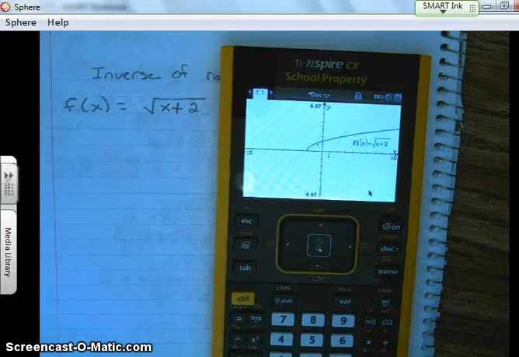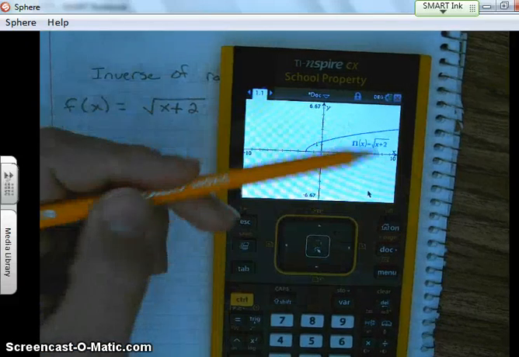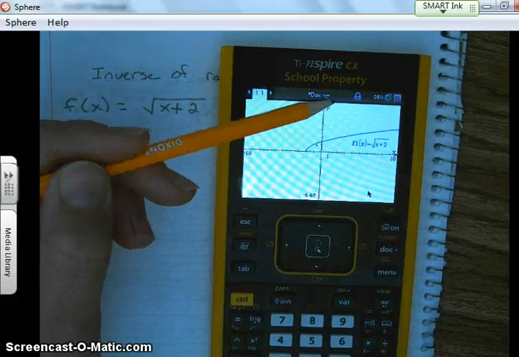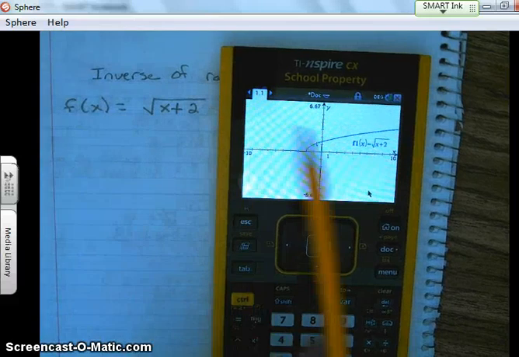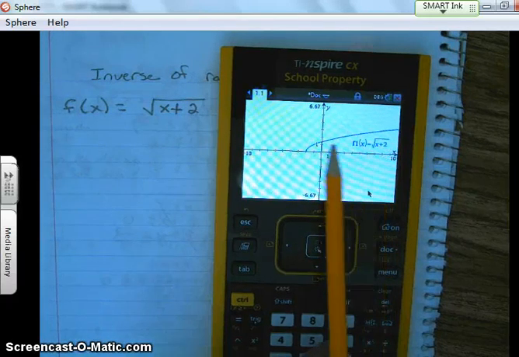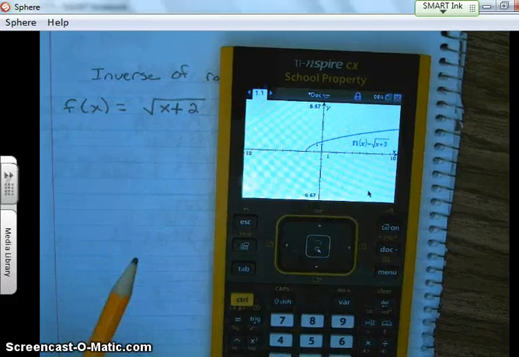is, does it pass, first of all, we know this is a function because it passes the vertical line test. It only touches it in one place vertically. Now if I draw a horizontal line, we can determine if it's a one-to-one function. If I draw a horizontal line anywhere on this graph, it will only touch in one place.